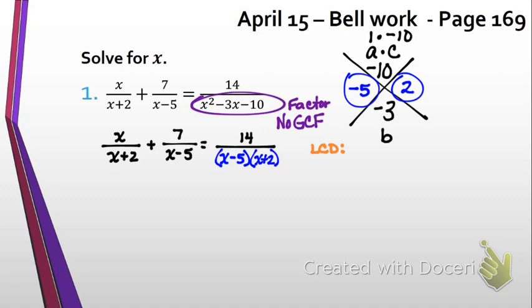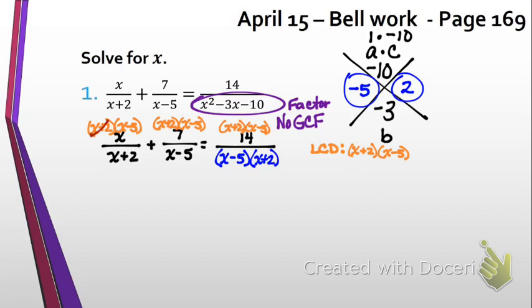What should my LCD be? X plus 2 and x minus 5. Yep, x plus 2 and x minus 5. So that's what we're going to multiply each term by. And what happens in my first term?